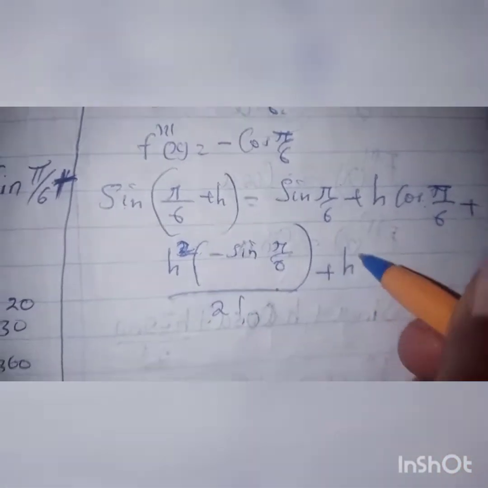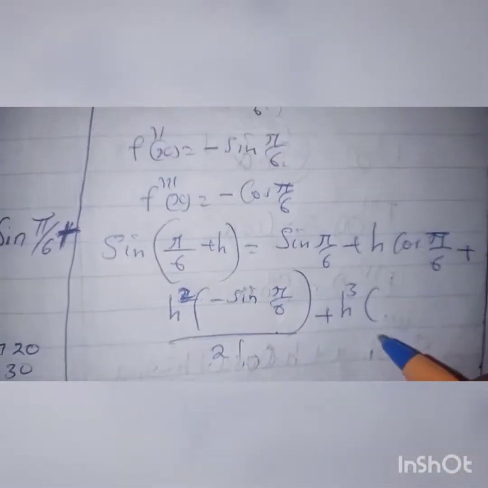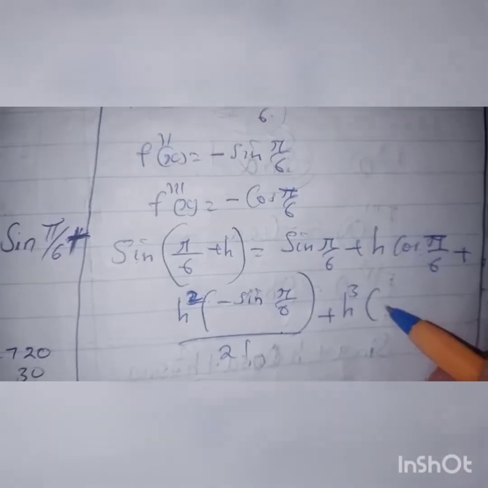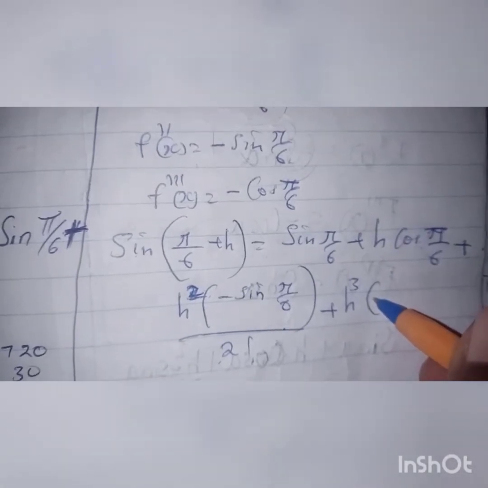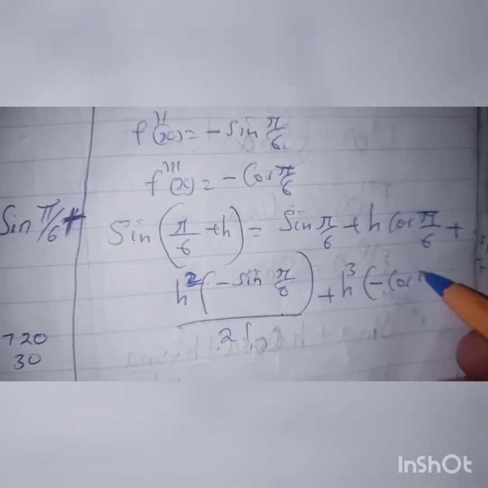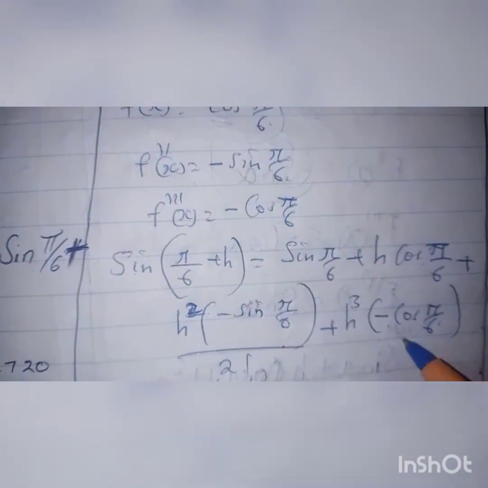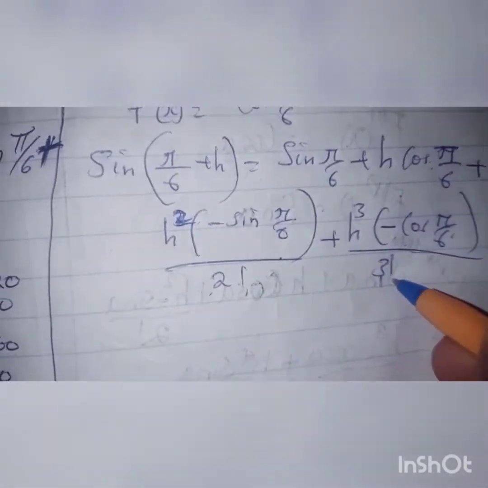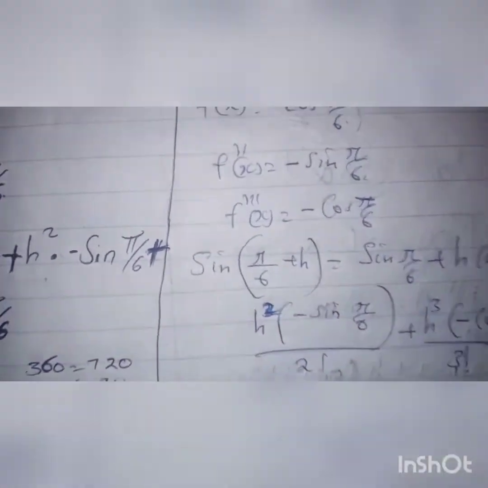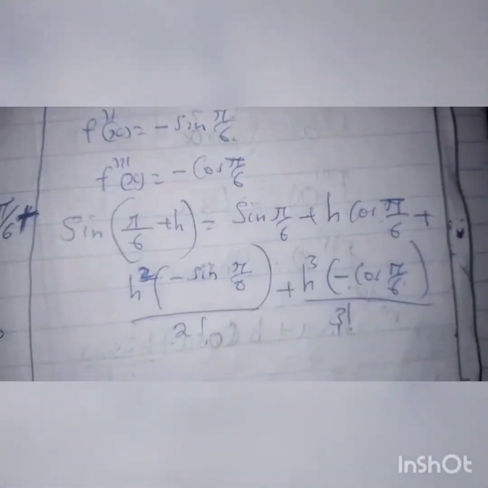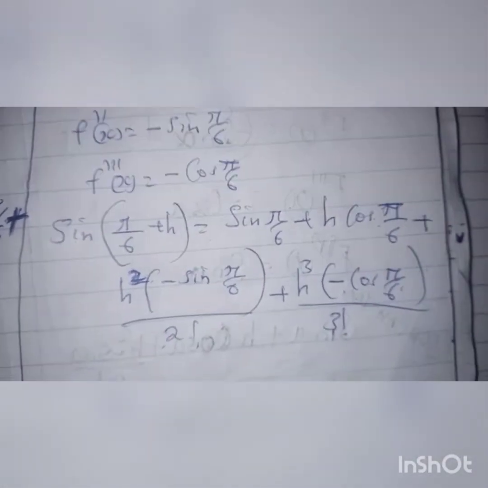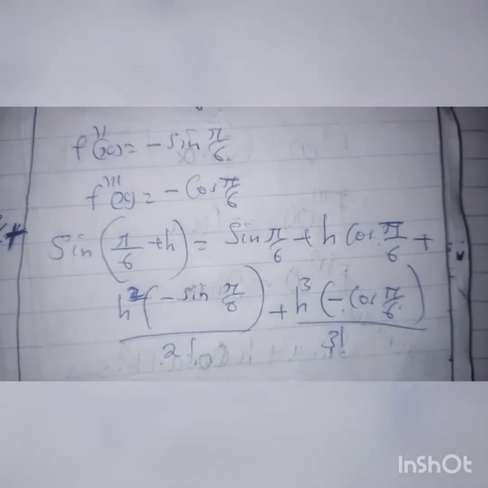Then finally we go up to the term h to power 3, and that is enough for the Taylor series. So multiply by minus cos pi over 6, the third derivative, all over 3 factorial. Up to there, we are done with the expansion.